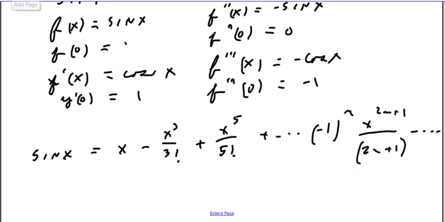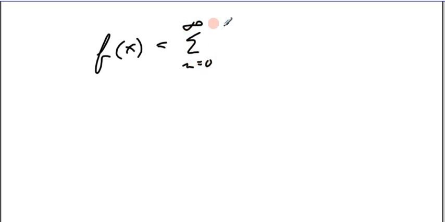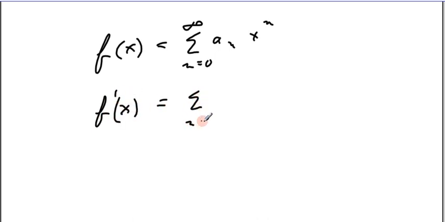Well, if that's the case, then we'll start with f of x, and that's going to be the summation n equals 0 to infinity of a n x to the n. So the Taylor expansion is just powers of x with some coefficient. I just don't know the coefficient yet. And f prime is going to be the summation n equals 1 to infinity of n a n x to the n minus 1.